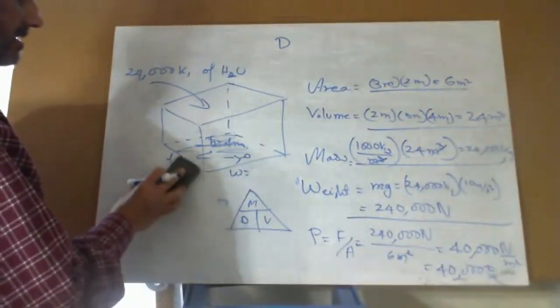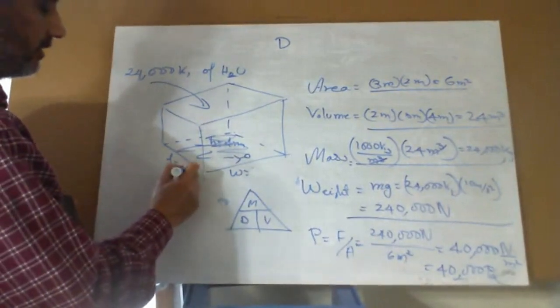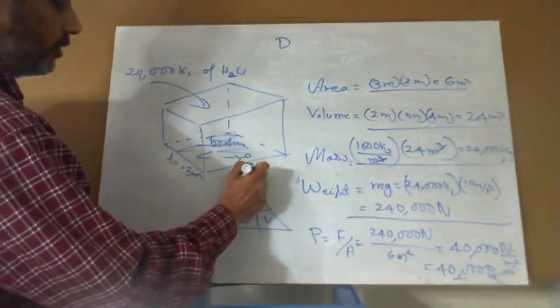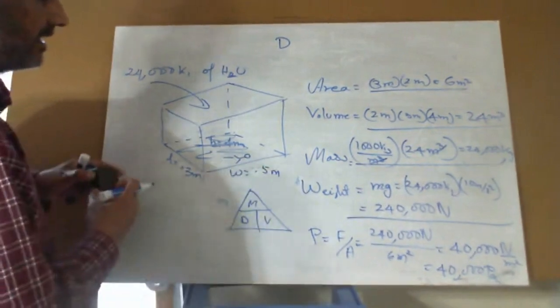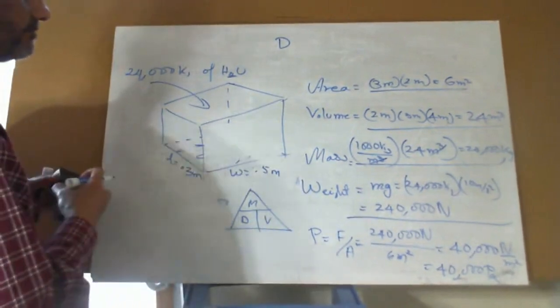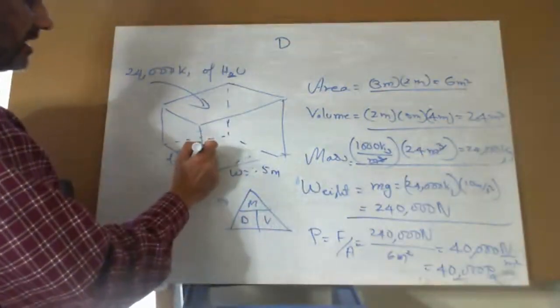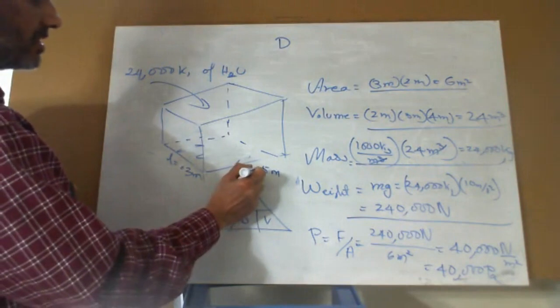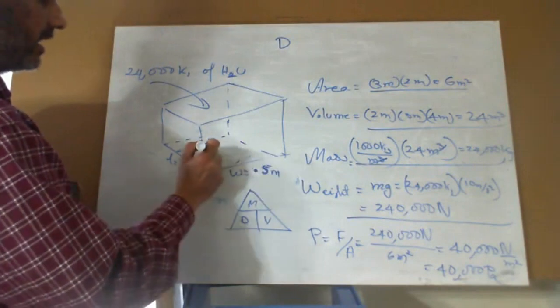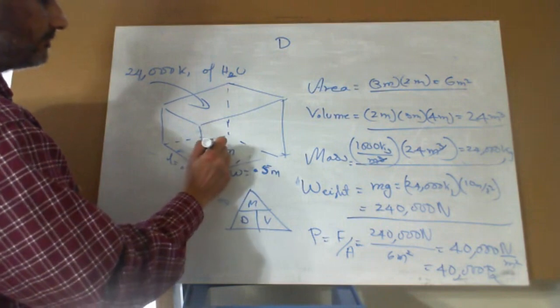Let's say this is 0.3 meters, 0.5 meters, and the height is 0.2 meters. That's the height.